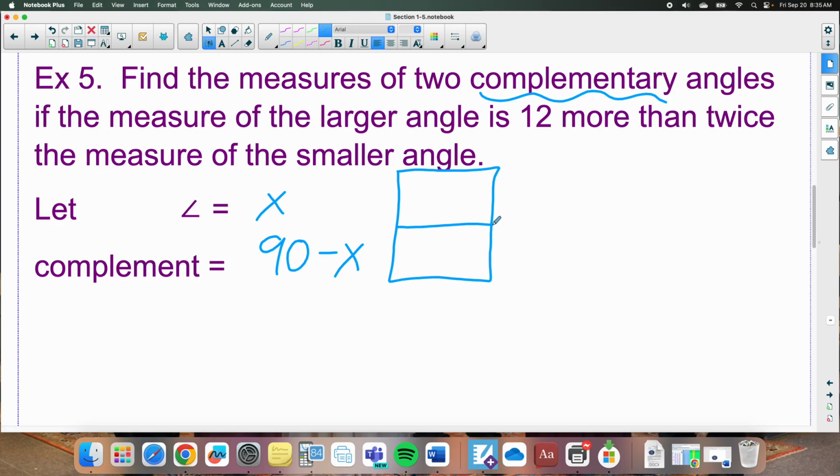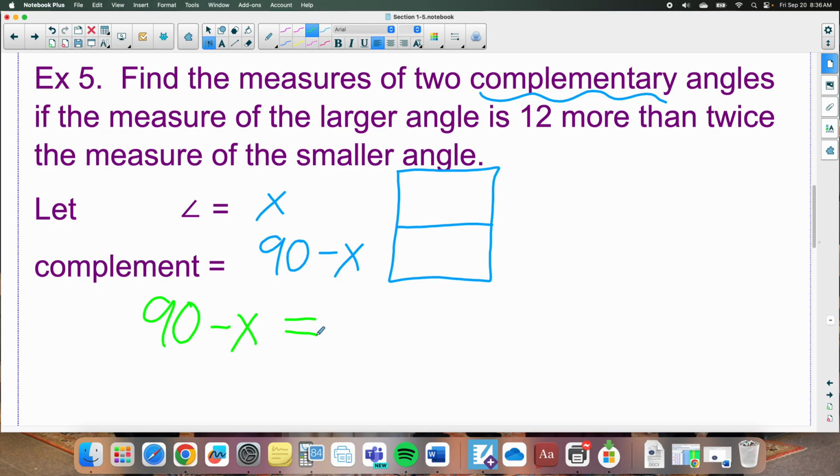If I ever get to set one to the side, I set the 90 minus x, because I would rather not work with that one, okay? Then it's is. Is means equals. And then it's 12 more than twice the measure of the smaller one. My smaller one would be x.